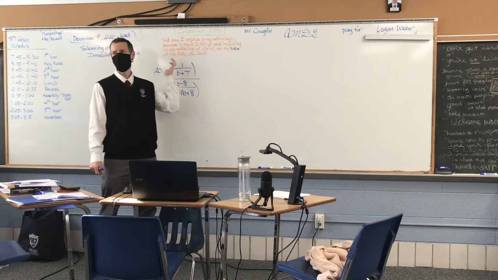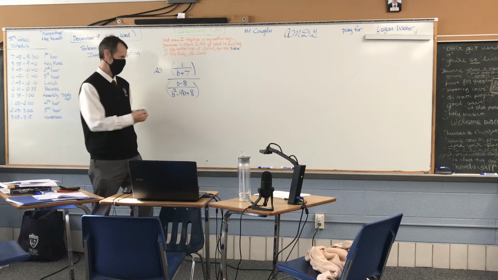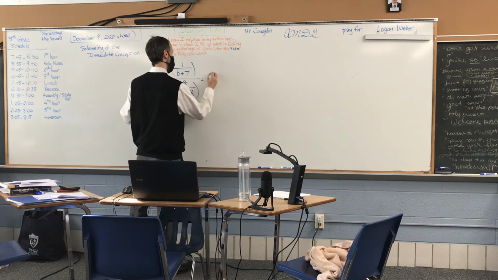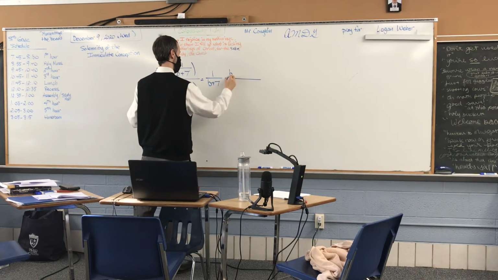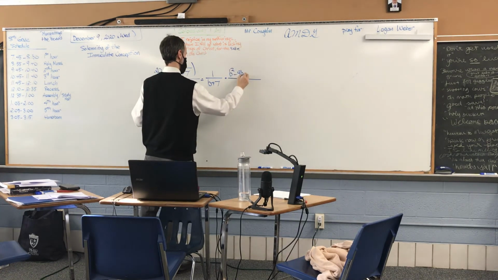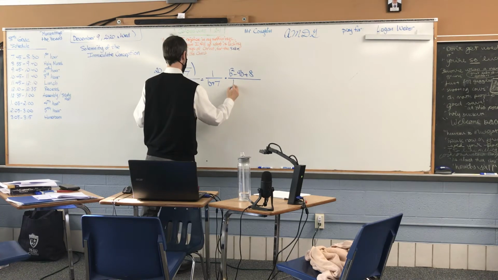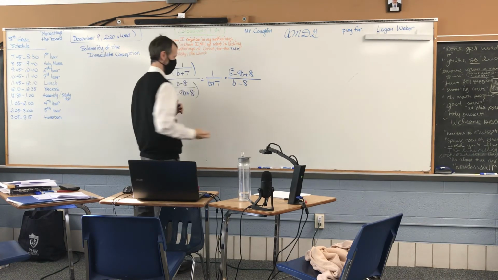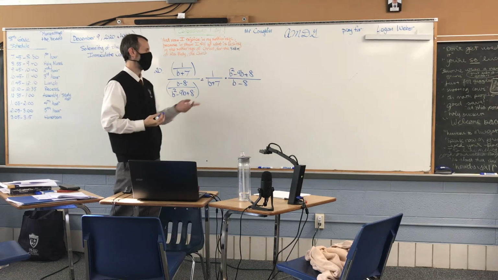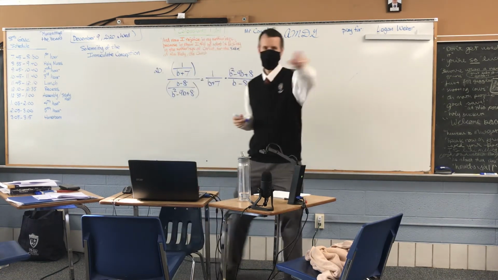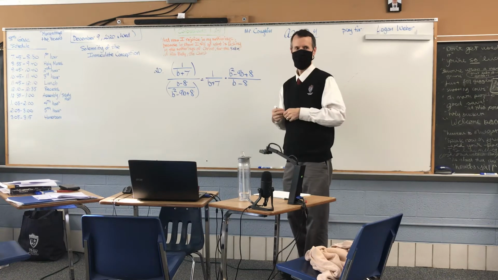Now, this thing. Over here, it's a fraction divided by a fraction, which means it's the original fraction times the reciprocal, over b minus 8. Is it clear so far? Now, how do you do this? The top here, it factors.